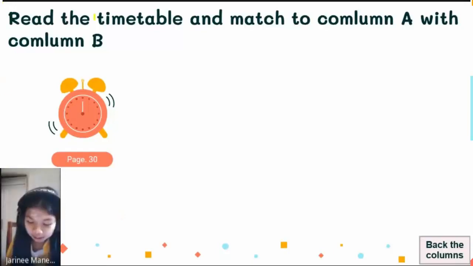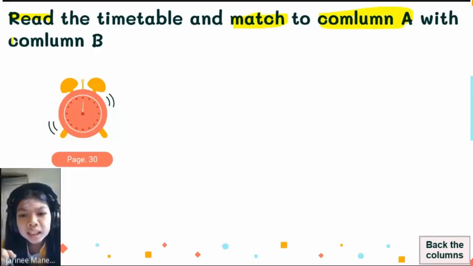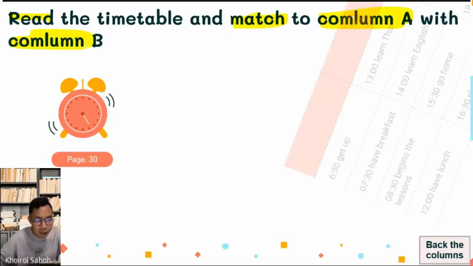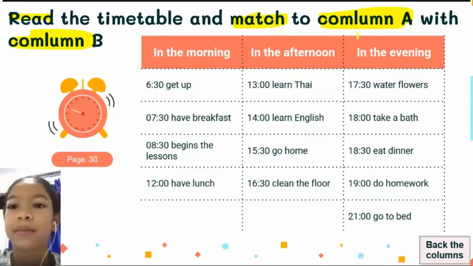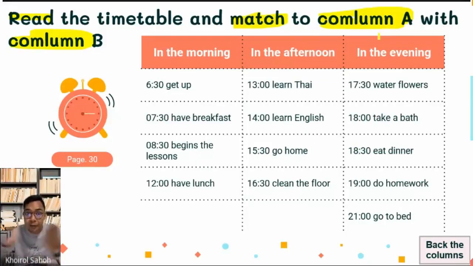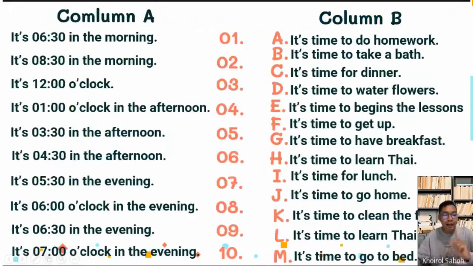ใจตรงกันไหม Good. Now, I want you to read the timetable and match column A to column B. ให้นักเรียนดู timetable นี้นะครับ and match column A with column B. This one.